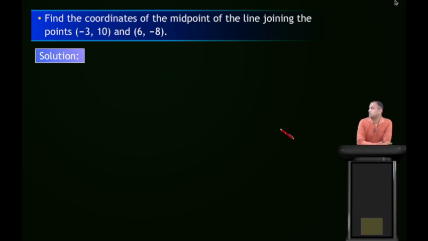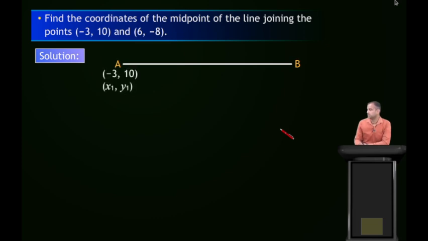Okay, now find the coordinates of the midpoint of the line joining points (-3, 10) and (6, -8). This is a line, and this is the first point, (-3, 10).